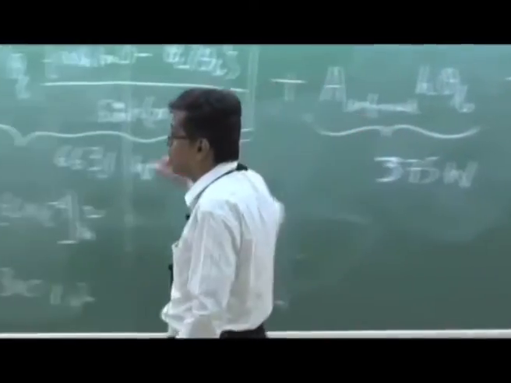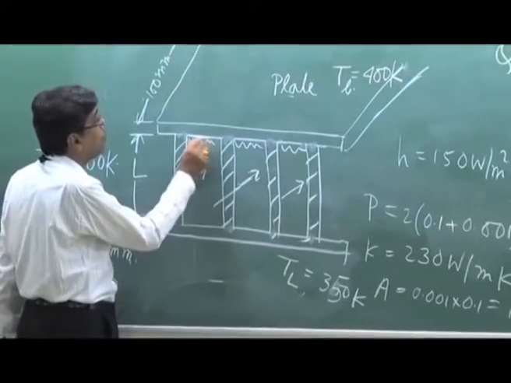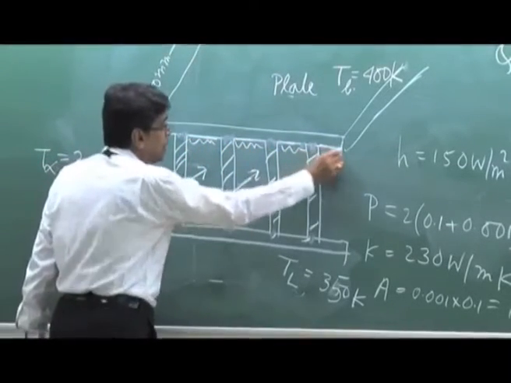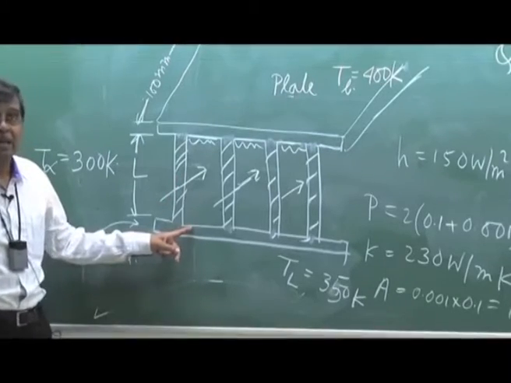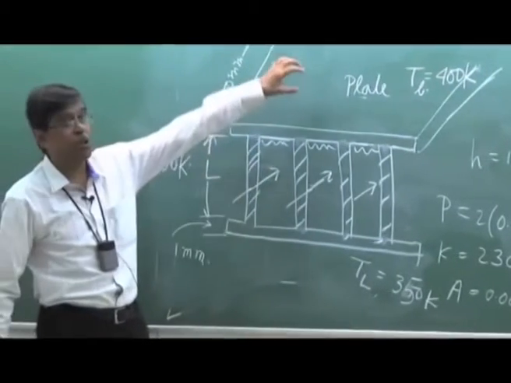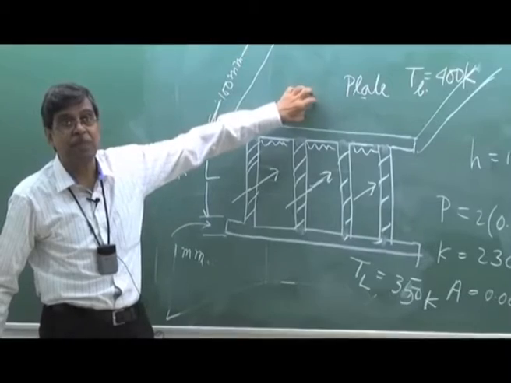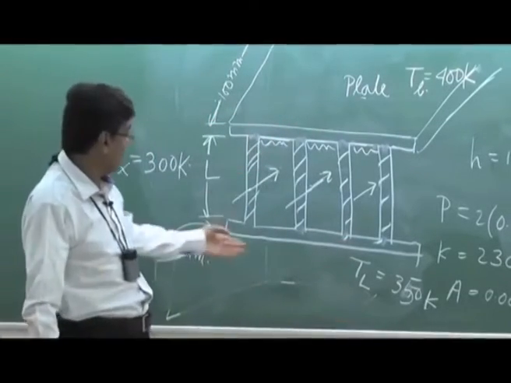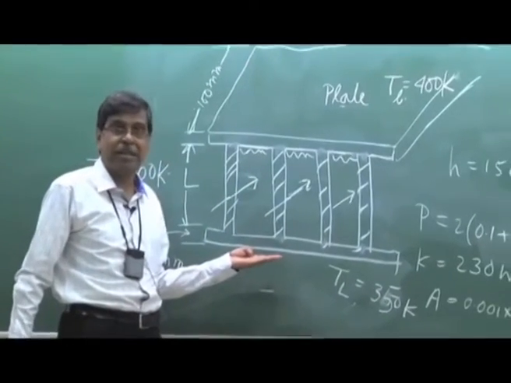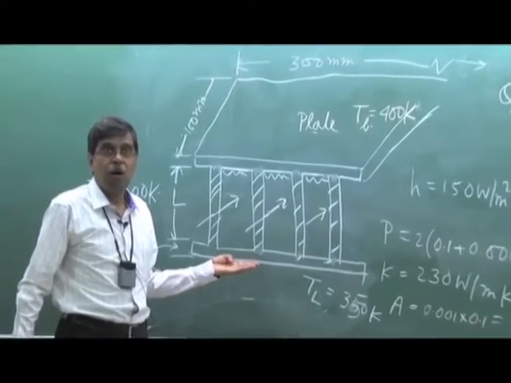Bottom surface, this is the bottom surface, unfin portion. Only heat transfer from this plate. The question is what is the heat transfer from this top plate? This entire stack, this part of the stack, is not required.